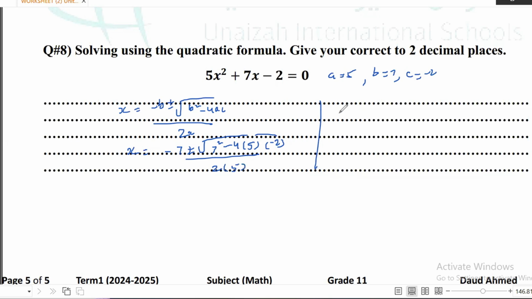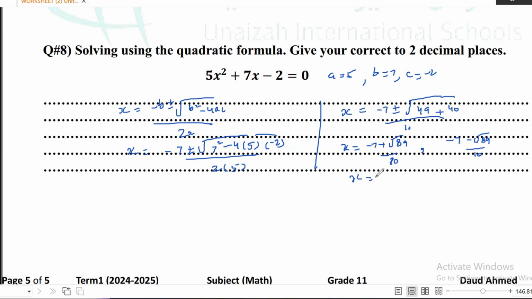Inside the square root, 49 minus minus plus, 5 fours are 20, 20 multiplied by 2 is 40, over 10. So x is equal to minus 7 plus square root of 89 over 10, and one time minus 7 minus square root of 89 over 10. So we have two answers. We can check as well.